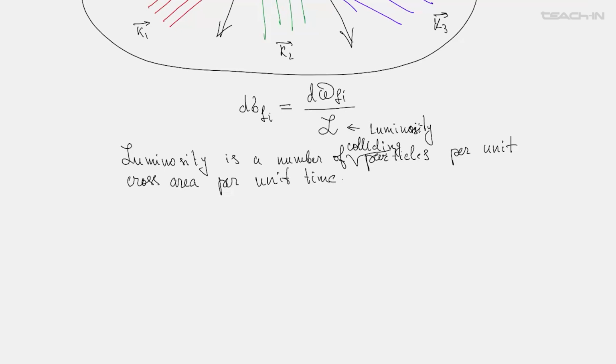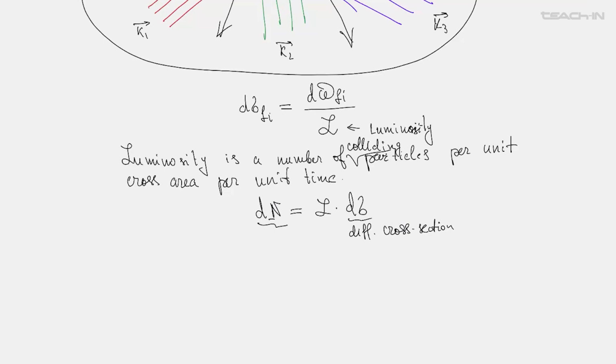And the classical formula for scattering reads like this: dn is equal to L, luminosity, multiplied by d sigma, where d sigma is a differential cross-section, and dn is a number of scattered particles entering the area d sigma.